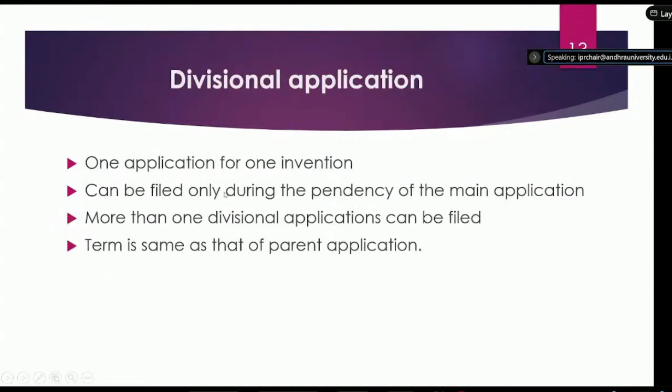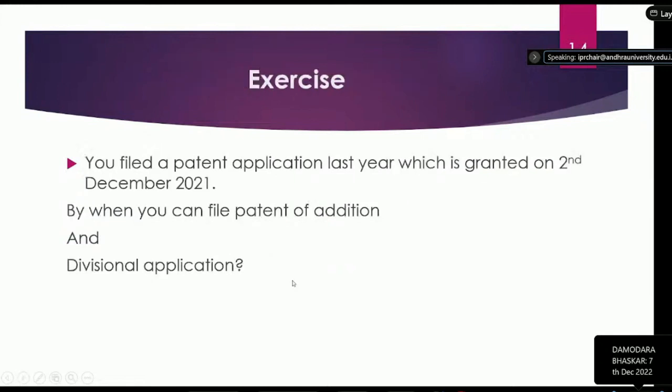See here the second point: a divisional application can be filed only during the pendency of the main application. It means when the main application has not been granted, then only you can file a divisional application. In this question, I am telling that it has already been granted in December 2021. So you don't have the window left to file your divisional application, but still you can file your patent of addition.